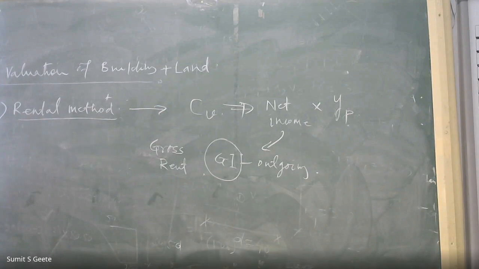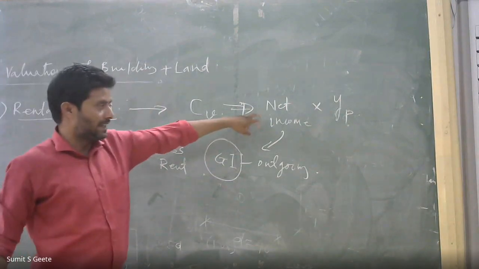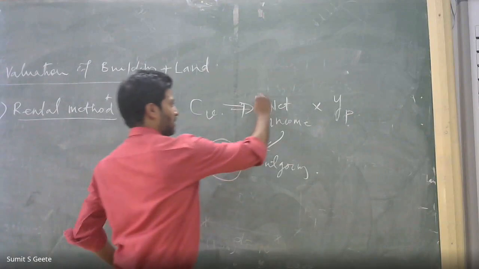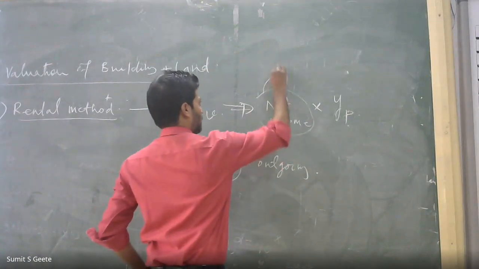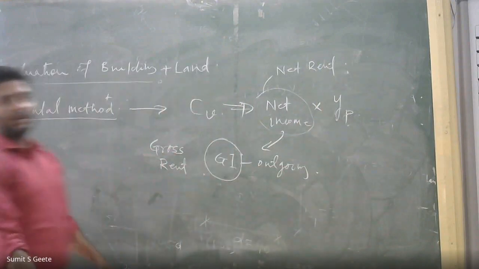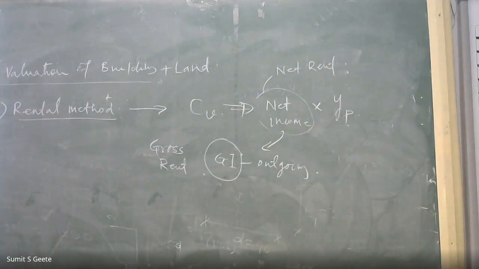Net rent, and therefore the main service rate is rental. So now instead of considering net income, which term will I use? Net rent. Clear?